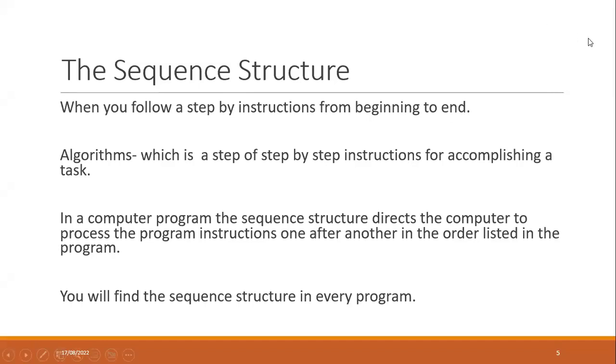Likewise, you can use all three if necessary. Sequence structure means you follow step-by-step instructions from the beginning to the end. You have to follow two terms: step-by-step instructions as well as from the beginning to the end, right?